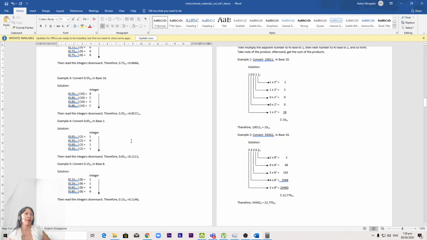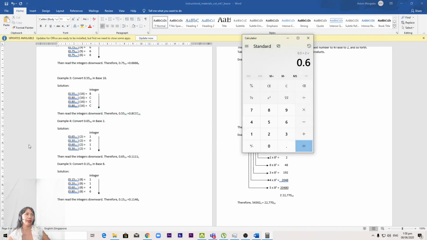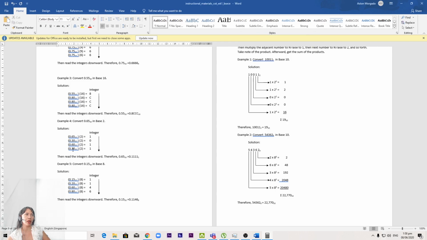I'm glad I was able to proofread my notes. 0.6 times 2 is 1.2, so you write 1 here, but you have to change it to 0.2. 0.2 times 2 would be 0.4, so we write 0 here.